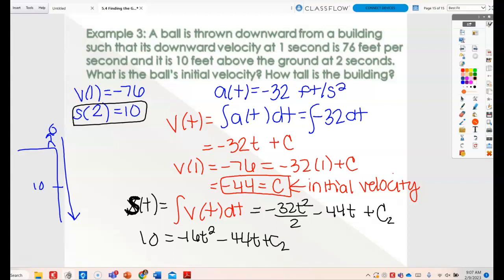But again, instead of all those t's, I'm going to set it equal to 10, and then my t is going to become a 2. So 2 squared is 4. 4 times negative 16 is negative 64. So I have 10 plus 64. So I'm going to add it over. 2 times 44 is 88. Again, negative. So when I move it, it will be positive.